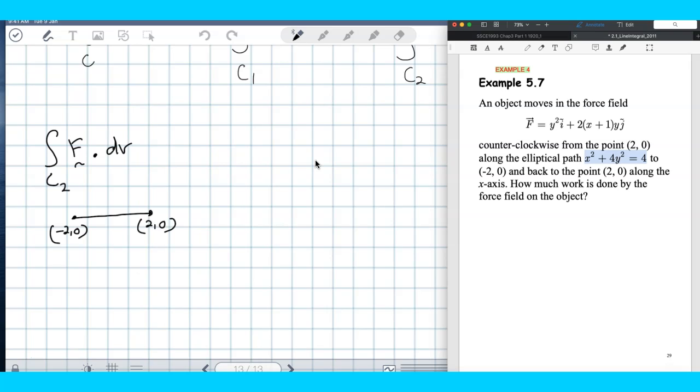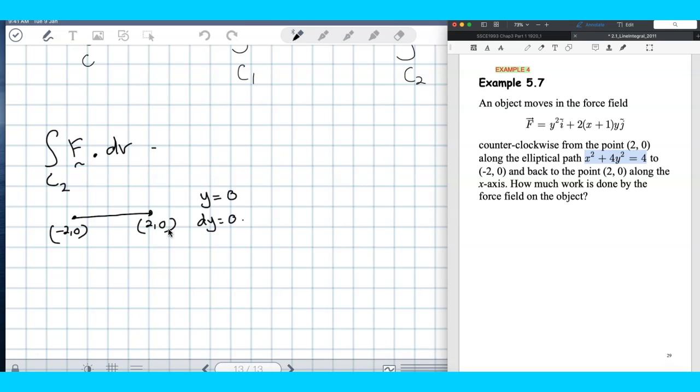So for this line segment, the equation is y equal to 0, because this one is located at the x-axis, or you can see here the y does not change. Then we have y equal to 0, and dy equal to 0.